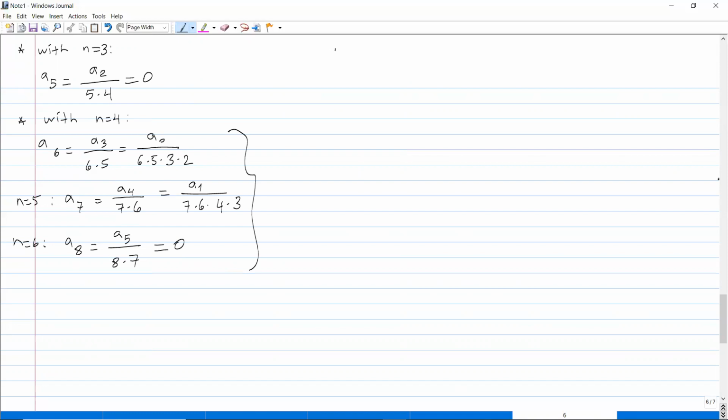We have a0, a1, and a2 is 0. Then we have a3, a0 over 3 times 2, a4, which is a1 over 4 times 3, and then a5 to be 0. And then a6, which is a0 over 6, 5, then we skip 4 because a5 is 0, 3, 2.